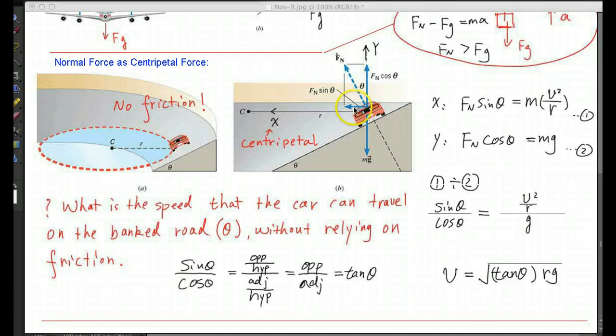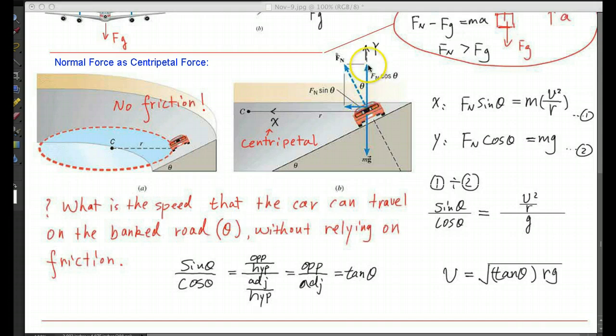Look at these two directions, centripetal and vertical. Resolve the force; the only force is not on either of the axes. So we resolve into the x component, which becomes Fn sine theta, where angle theta is equal to the banked angle. And then Fn cos theta is the y component.